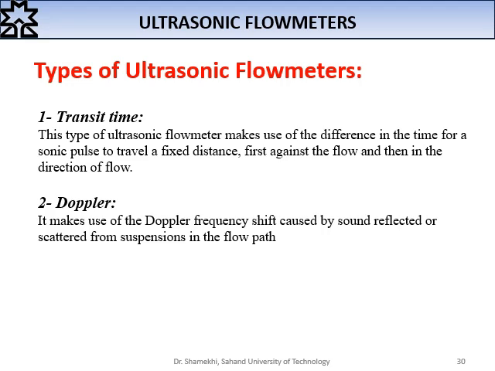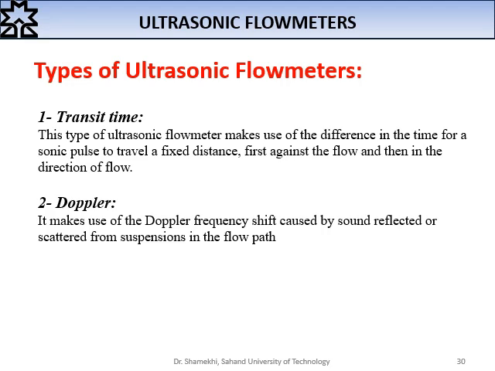This type of ultrasonic flow meter makes use of the difference in the time for a sonic pulse to travel a fixed distance between two transducers. Each transducer acts as both transmitter and receiver, first against the flow and then in the direction of the flow.